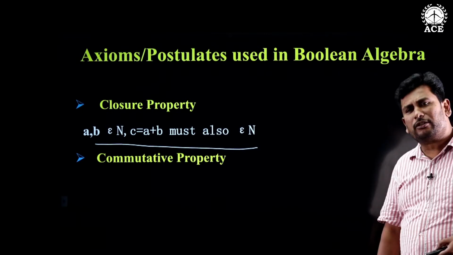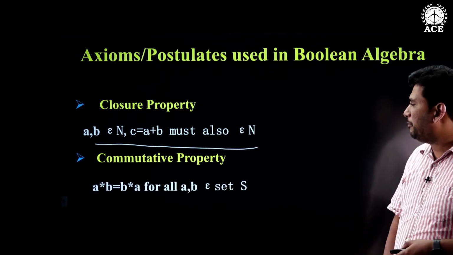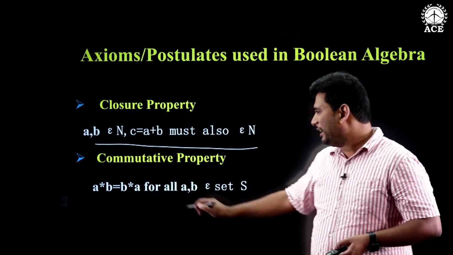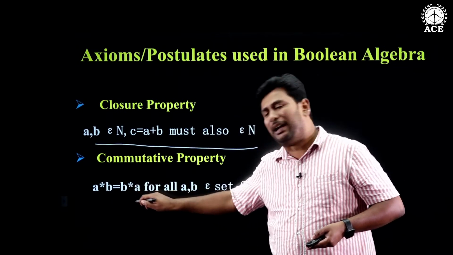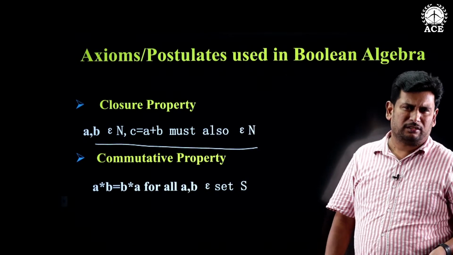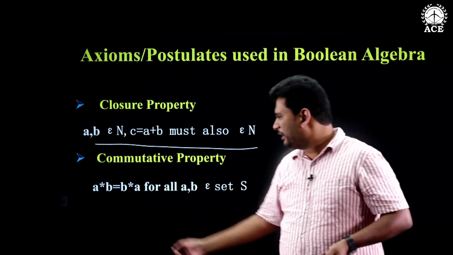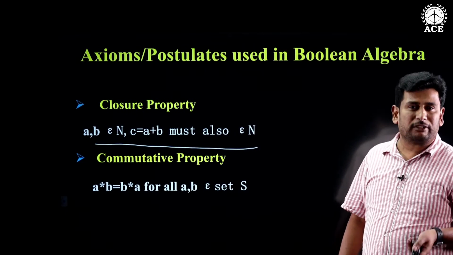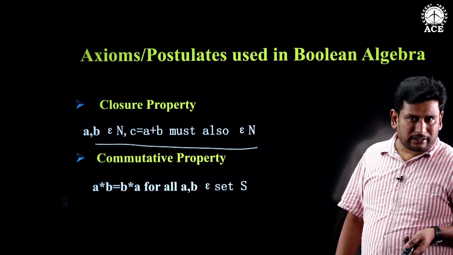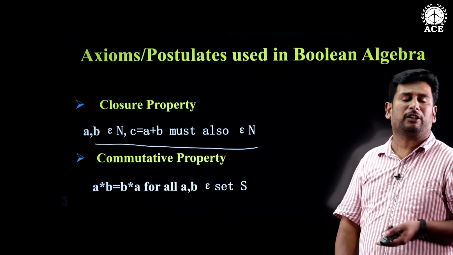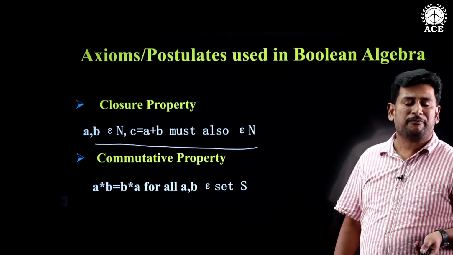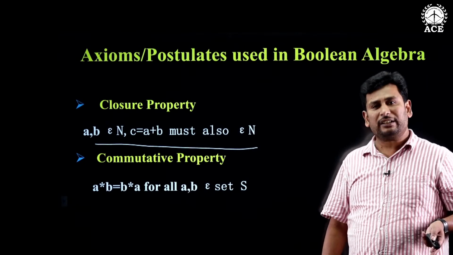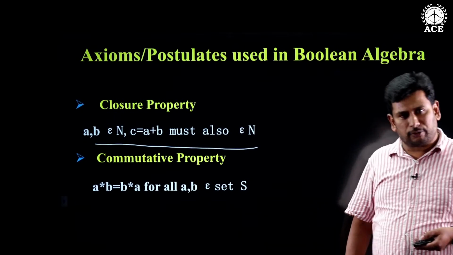If A and B are two input variables, the commutative property says that A into B is the same as B into A. What is this? Simple. Take A equal to 2, B equal to 3. 2 into 3 equals 3 into 2, right? Similarly, in Boolean algebra also, A star B is equal to B star A. This is called the commutative property.